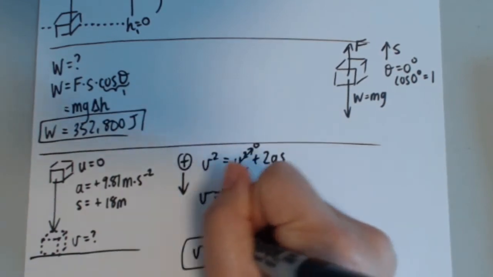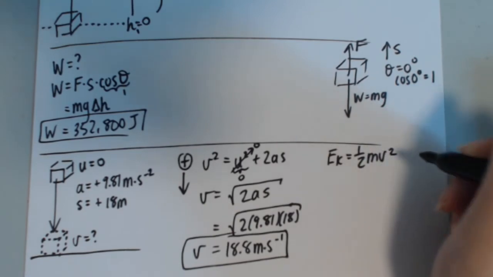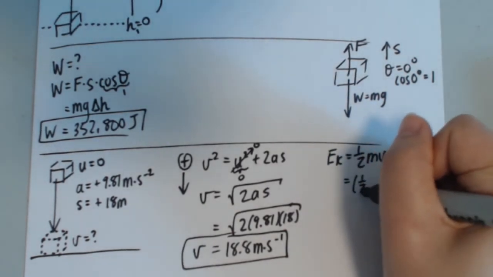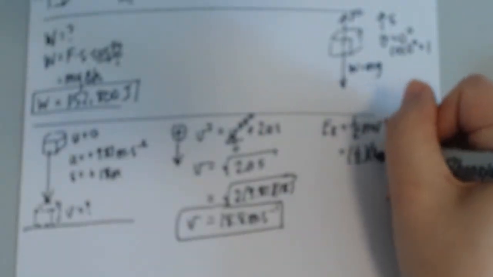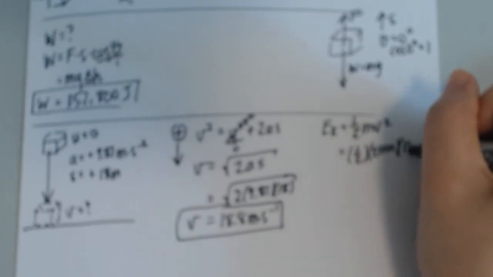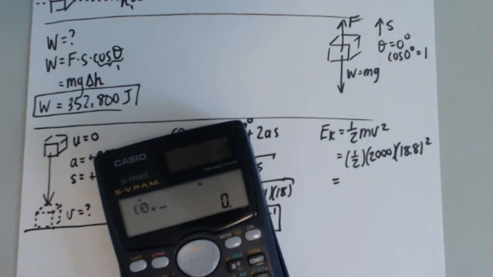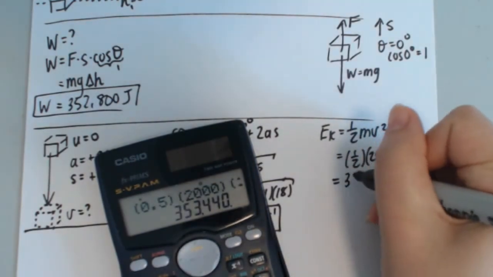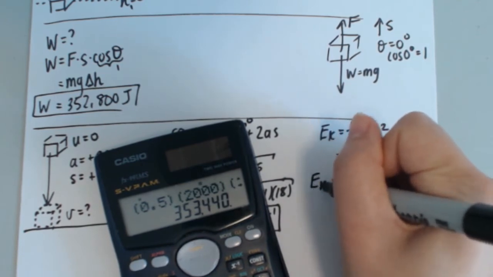Now for the kinetic energy. EK is equal to 1/2 mv squared. So 1/2, the mass we were originally given is 2,000 kilograms, so 2,000 times 18.8 squared. 353,440 joules.